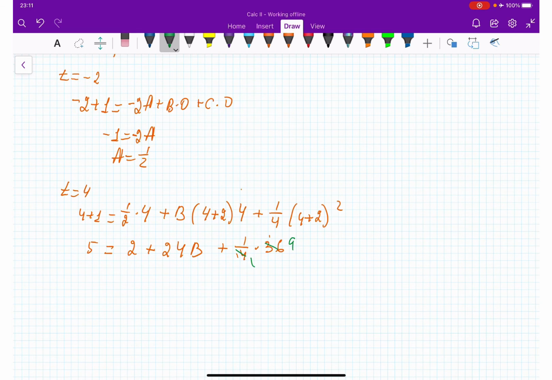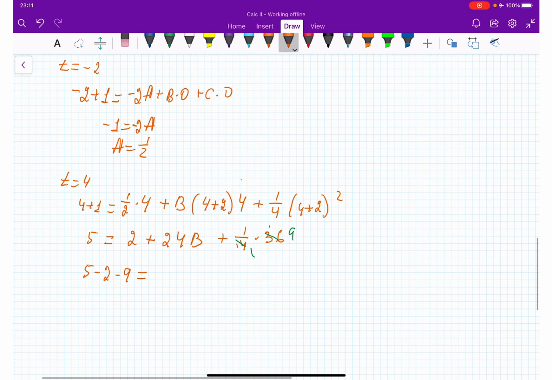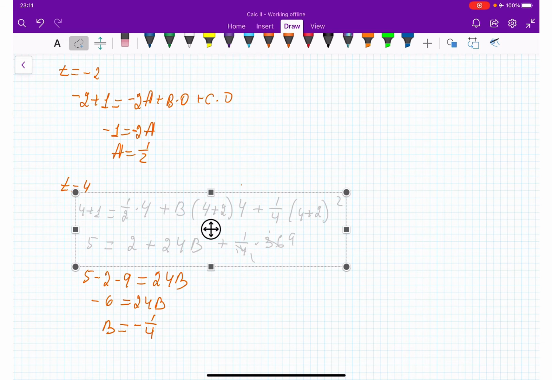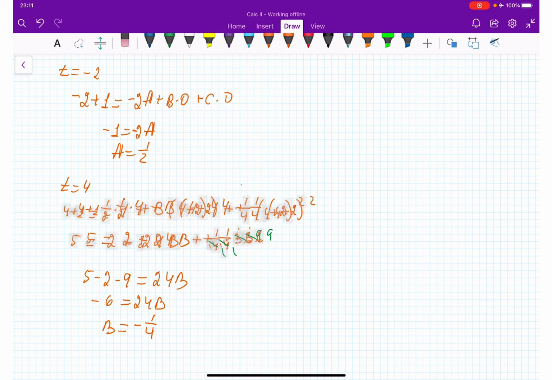Okay, and the next step we are going to have 5 minus 2 minus 9 is equal to 24b. So negative 6 is equal to 24b and b is equal to negative 1/4. Okay, so this is how we solved this way, and found values a, b, and c.